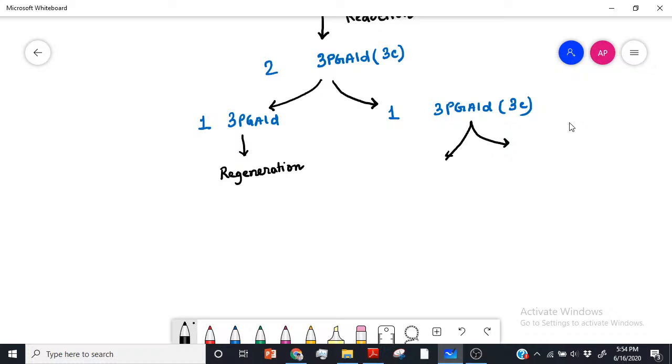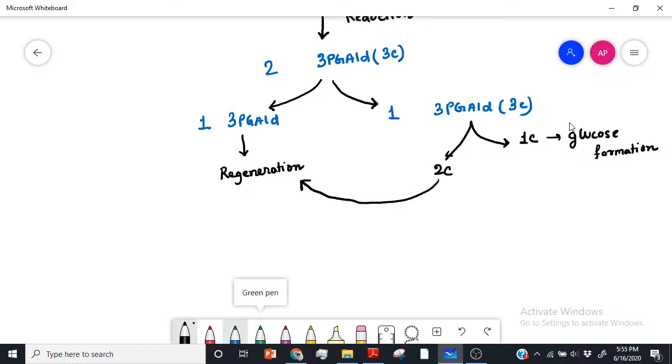In these 3 carbons, one carbon goes into glucose formation, and the rest 2 carbons go into regeneration. Understood this till this?